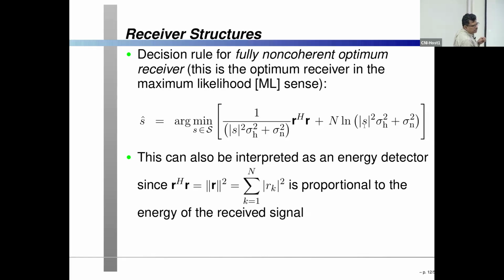Simple error probability. Yeah, I mean, you can expand. It is basically a search. You are searching over L levels, na? You plug in the different values of S, you calculate L quantities, you see which is the minimum. No, no, no, it's discrete. It is just ASK, na? They are ASK symbols.